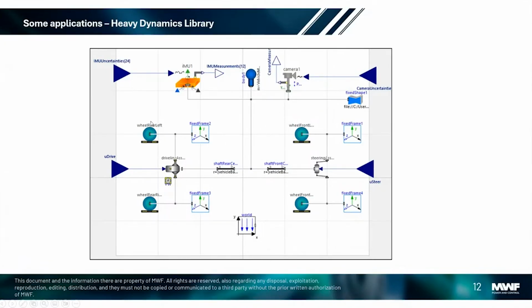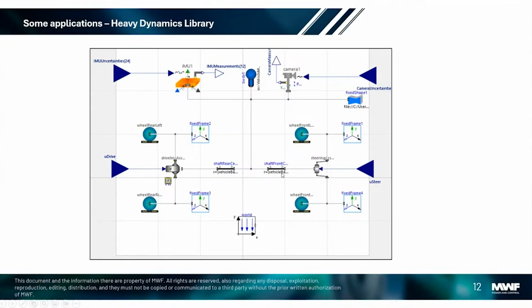But the most important detail here is this component. As you can see here, we have four wheels. Some of them are powered, some are not powered, and we have a precisely defined contact model for each of these wheels that produce simulations just like those you have seen in the previous slides.